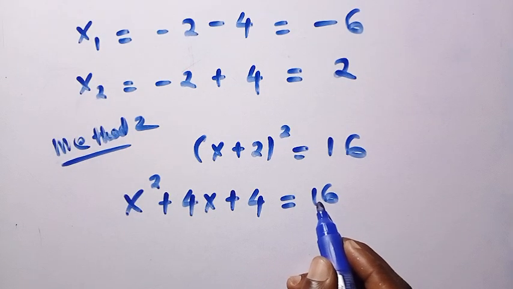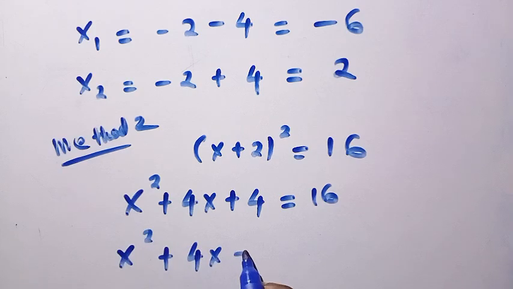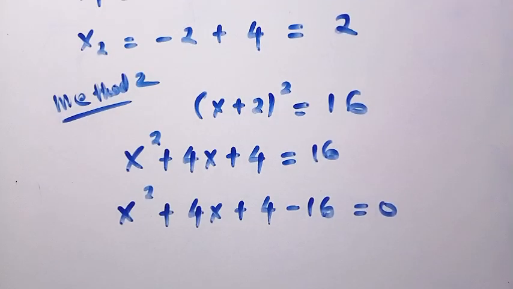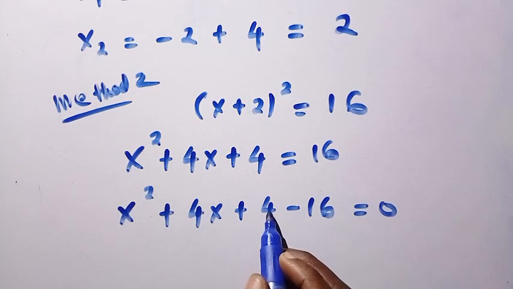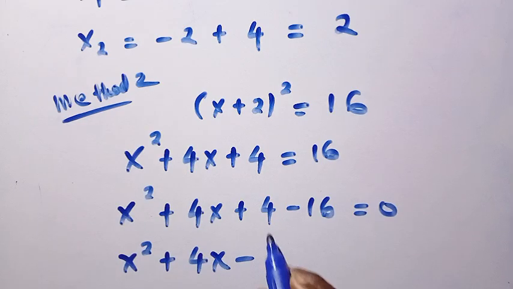Let's take 16 to this side. We have x^2 + 4x + 4 - 16 = 0. When we subtract 4 and 16, we have x^2 + 4x - 12 = 0.